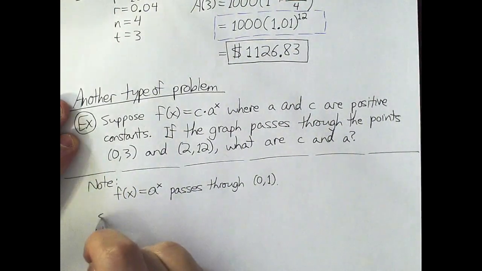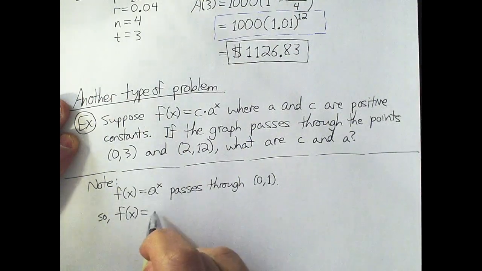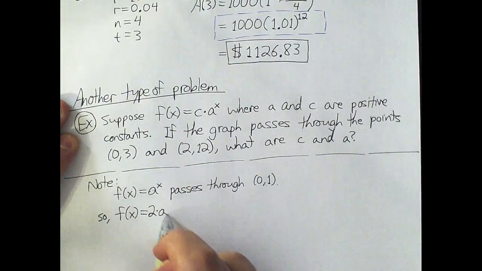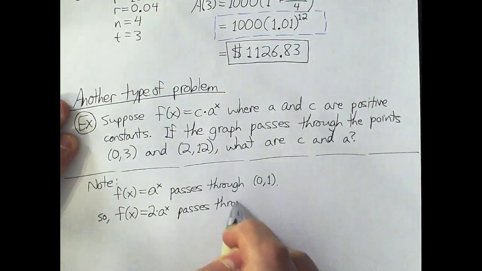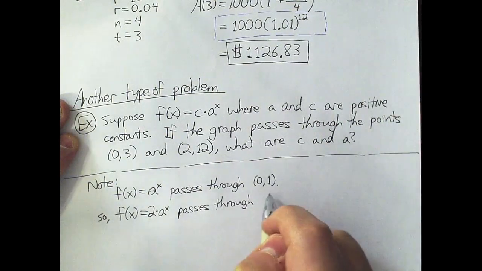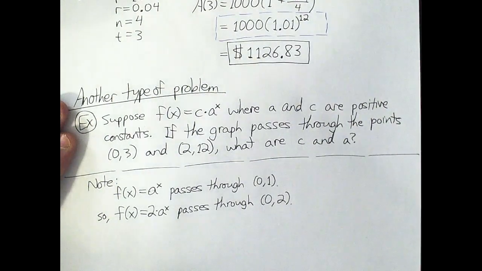In fact, I could think to myself, if we had a 2 out front, like 2 times a to the x, you don't necessarily have to write this. I'm just explaining my thought process. If there was a 2 out front, then I would expect it to pass through 0, comma 2.